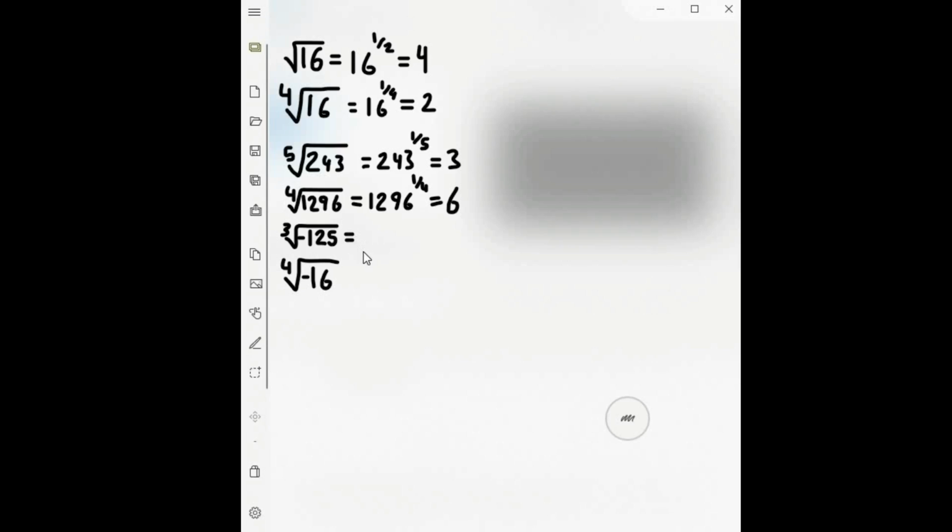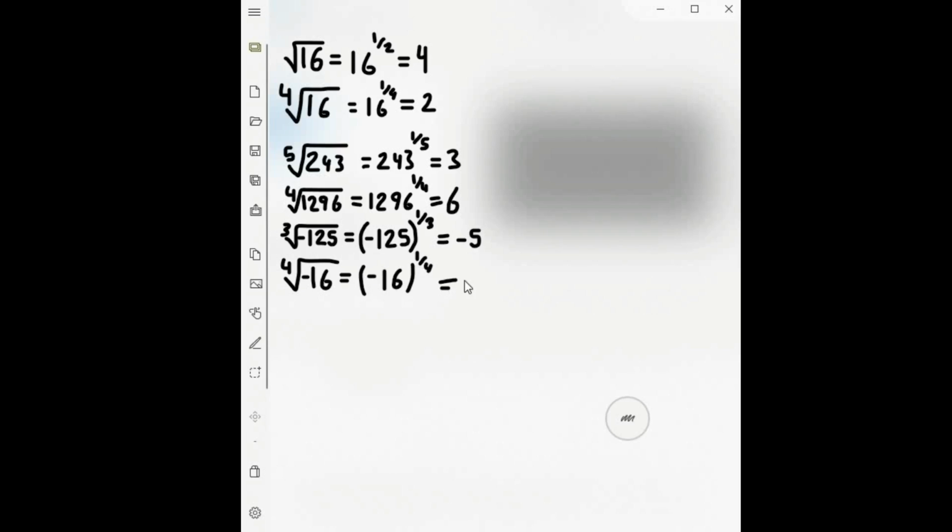If there's a negative, that doesn't change anything, really. We're going to be left with negative 125 to the power of 1 divided by 3. You can just punch that into your calculator. When you get huge numbers like this, you can just punch it into your calculator, realistically. But it's important to be able to change it from radical form to exponential form.